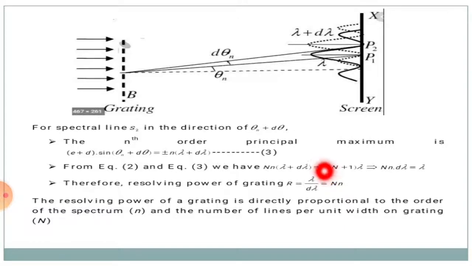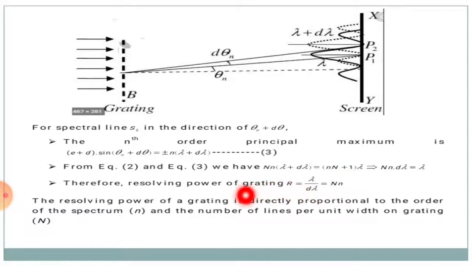As small n increases, the resolving power of the grating also increases if capital N is kept constant. As capital N increases, the resolving power of the grating also increases if small n is kept constant. Finally, the resolving power of the grating is directly proportional to the number of grating elements per unit width of the diffraction grating and the order of maxima.